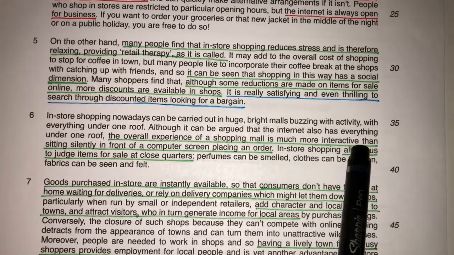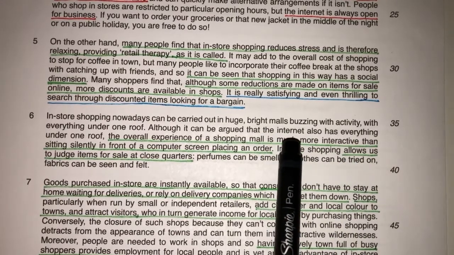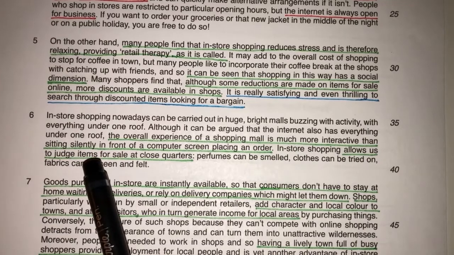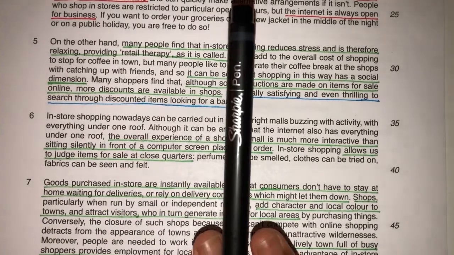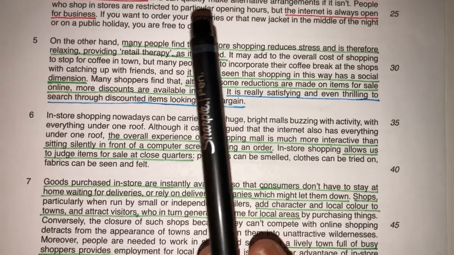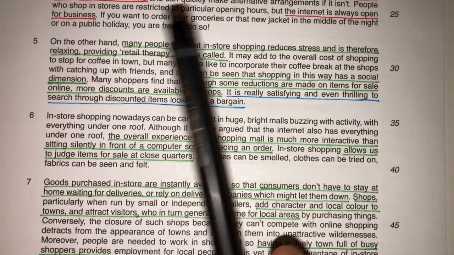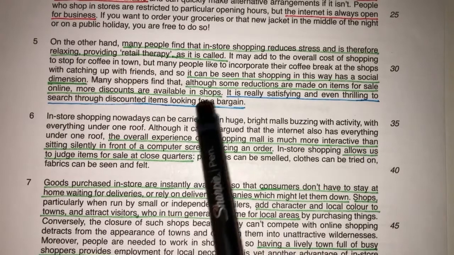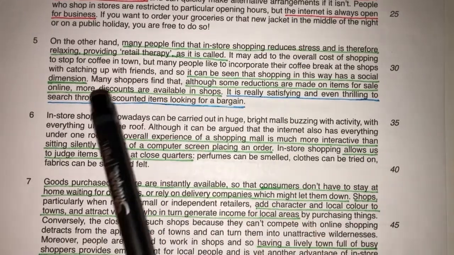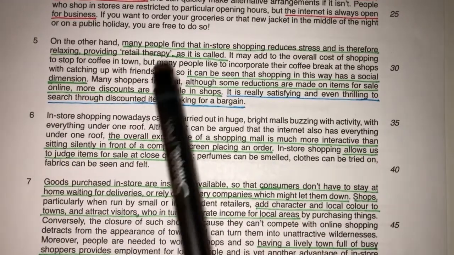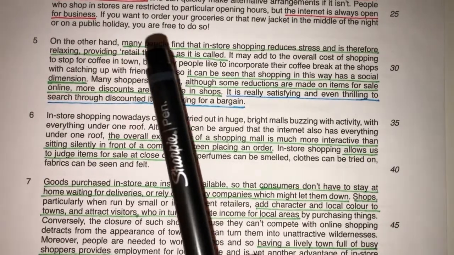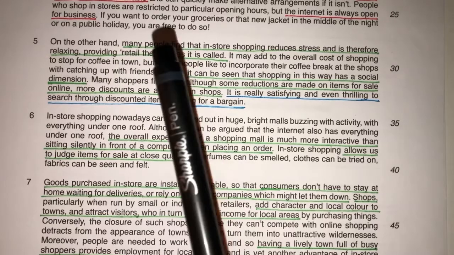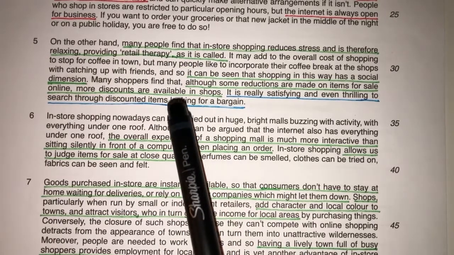And it is much more interactive in the sense that you can judge the items at close quarters. When you're online, you just see everything behind the screen. You cannot test it out. You can't try it on. So if you take a size medium, or a size large, or a size small, you just have to close your eyes and hope that it is the good size and that you did not make a mistake.